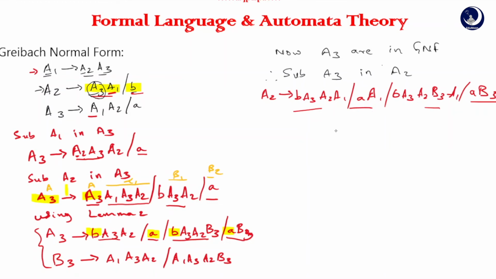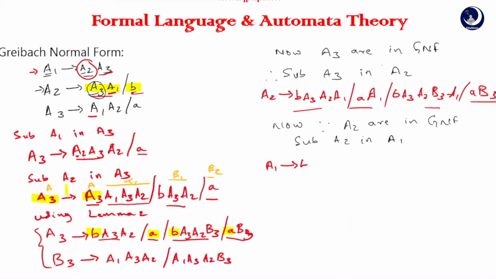So we now substitute A2 in A1 so that these productions are also in GNF. Since A2 productions are in GNF, substitute A2 in A1. So you can get the A1 production as: just add that last bit A3 to all the A2 productions.